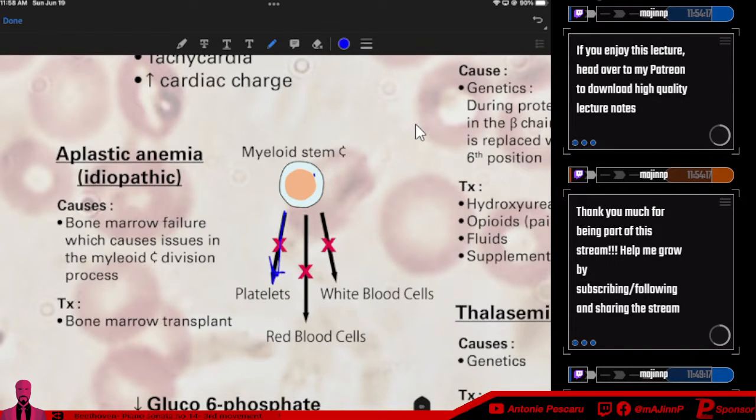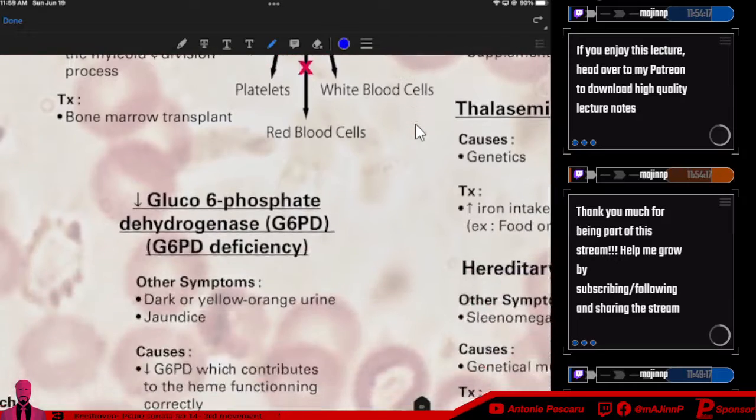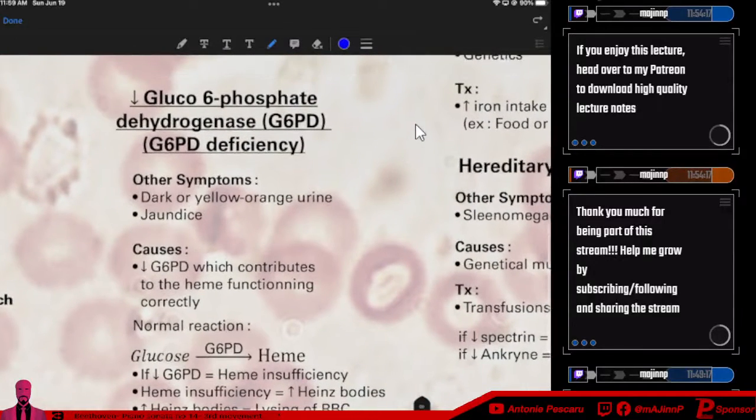It doesn't go towards the platelets, the red blood cells, or the white blood cells, you know? It's an issue with the myeloid cell division process. If I'm not mistaken, the scientists are unsure what causes this, but the only treatment for this is a red bone marrow transplant.